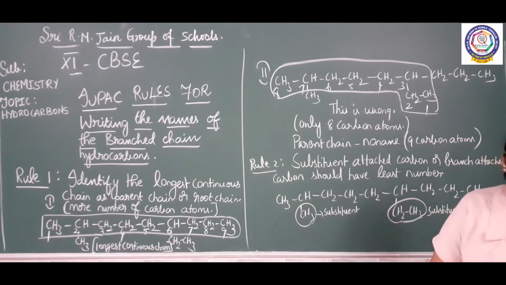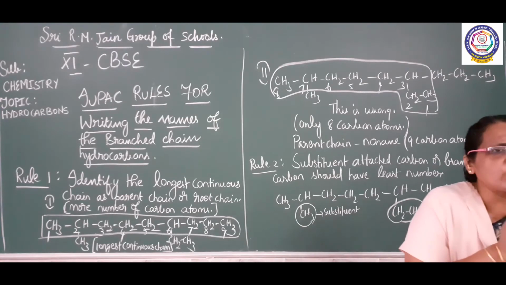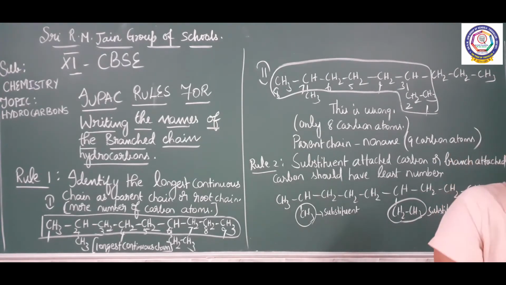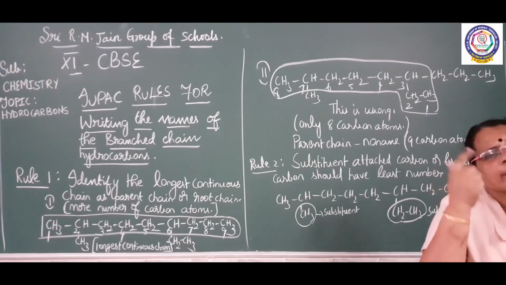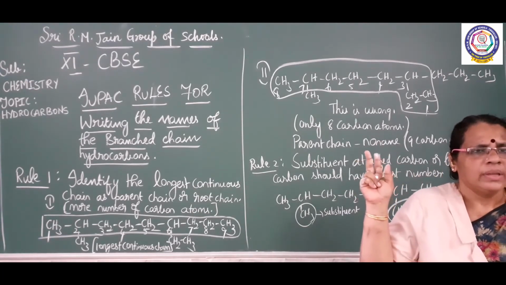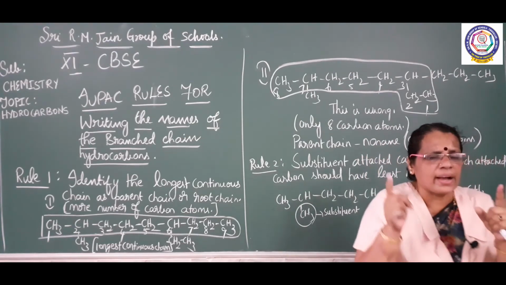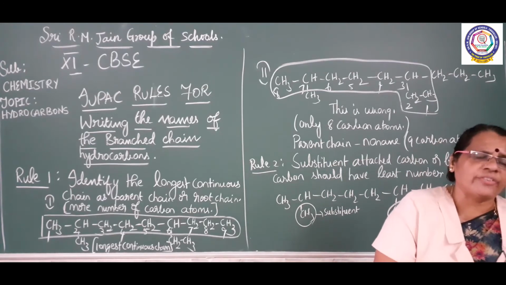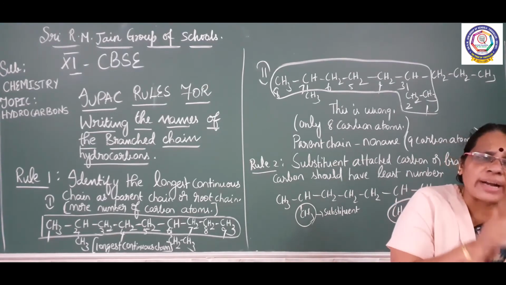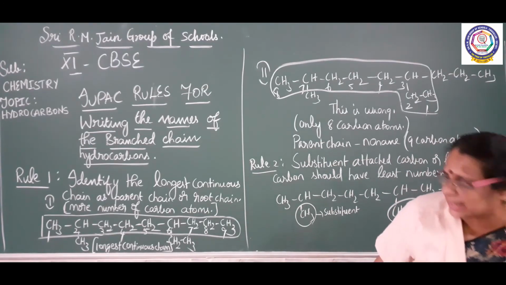The substituent attached carbon should be given the least number. Whether you number the carbon from left to right or from right to left, no problem, the substituent attached carbon should have the least number.